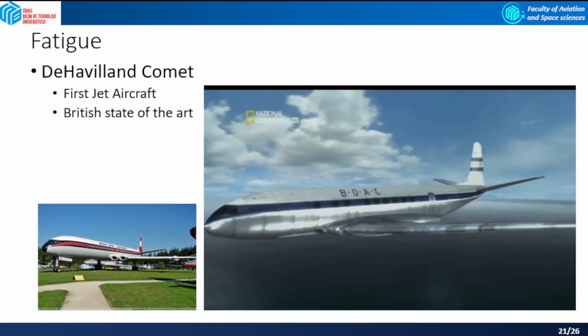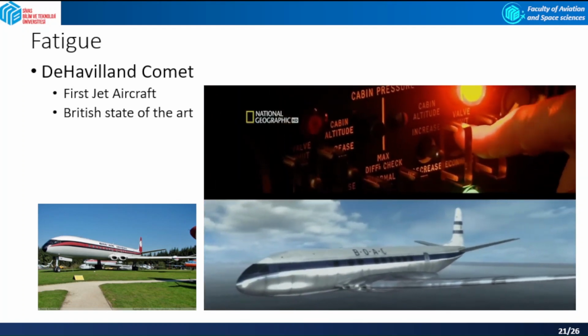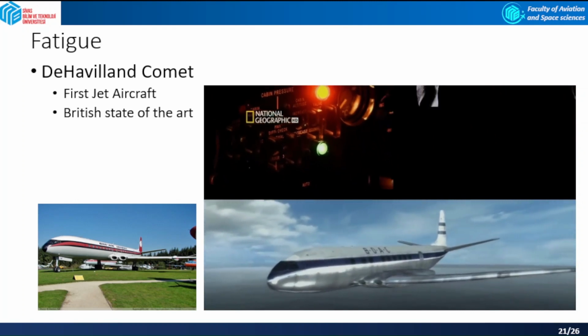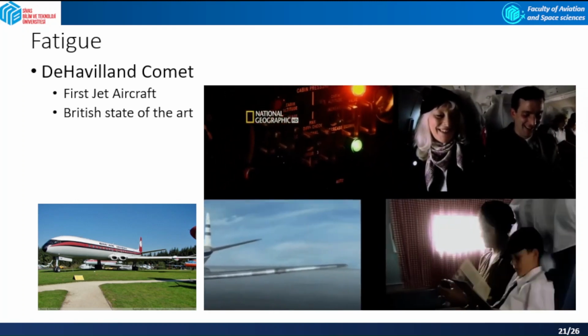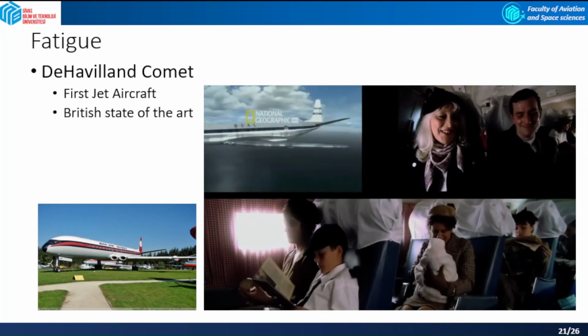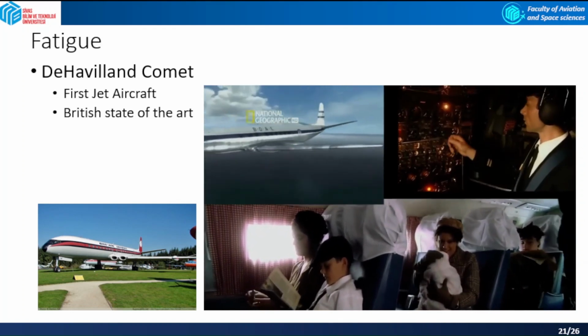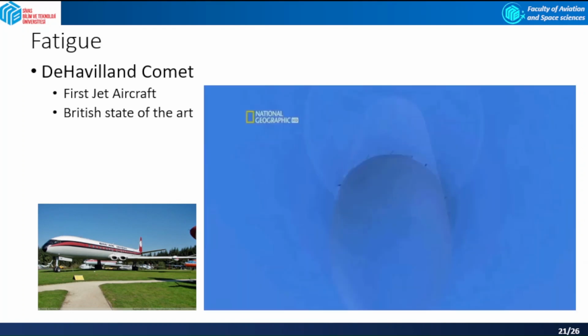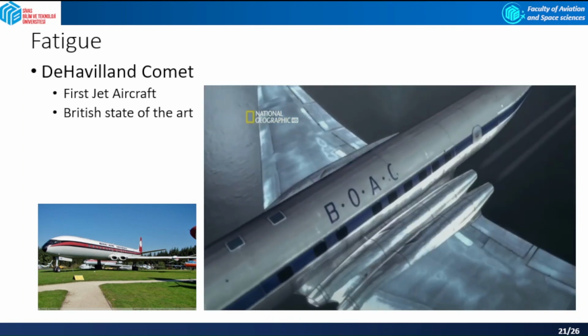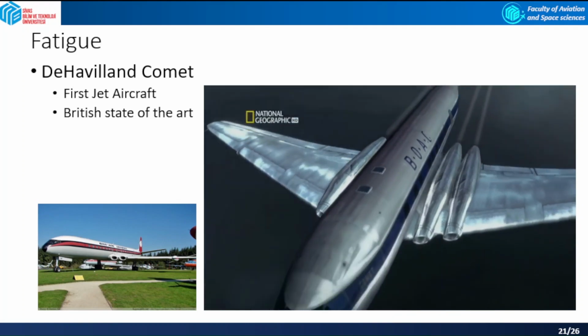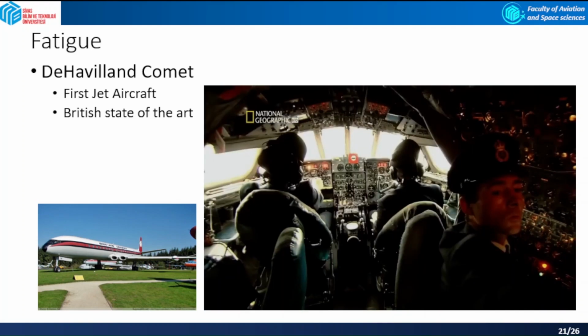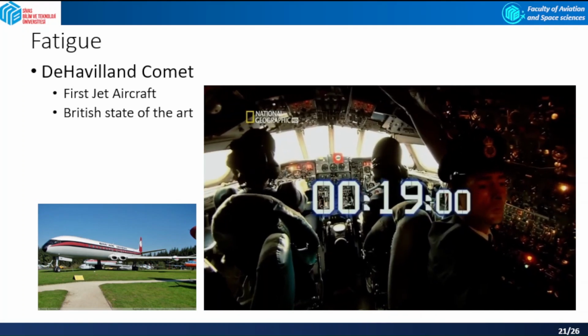On each flight, the pressurization system puts enormous strain on the fuselage, causing stress to the skin, especially around the windows and doors. Repeated pressurizations turn the manufacturing defects into fatigue cracks that get bigger with every flight. 19 minutes to disaster.